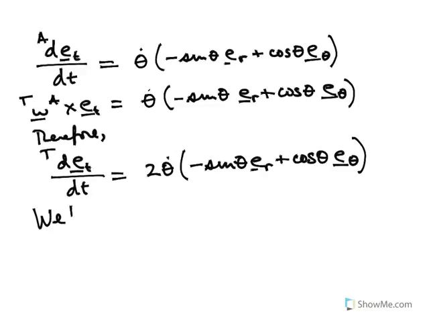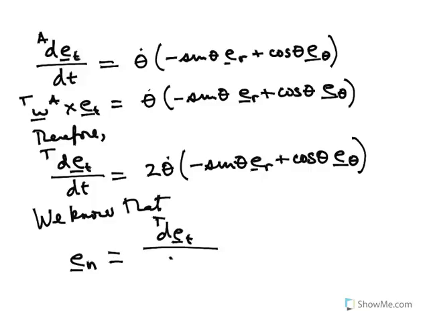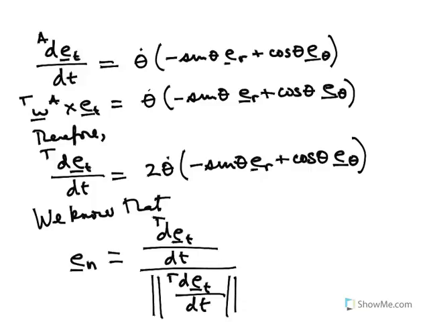So we know that the principal unit normal is defined as the rate of change of the tangent vector as viewed by an observer fixed to the track divided by the magnitude of the rate of change of the tangent vector as viewed by an observer fixed to the track.